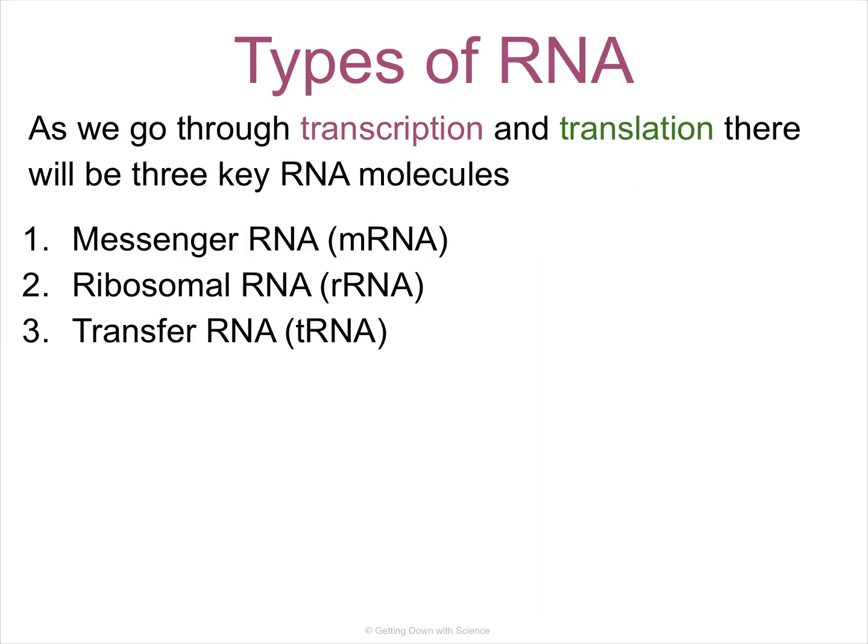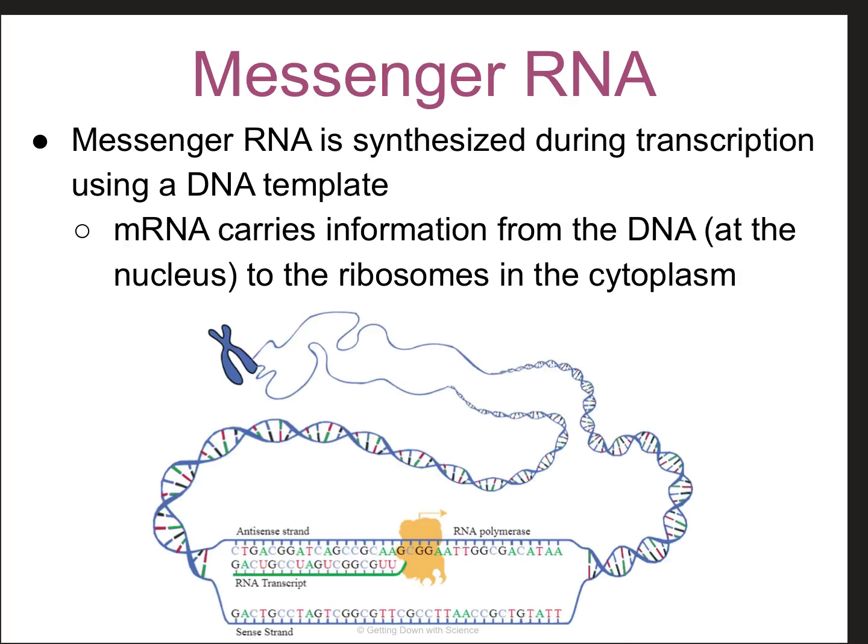All right, so it is going to be important that we understand the three types of RNA as we move forward. I'm going to go ahead and zoom through these. So we have messenger RNA, or what we also call mRNA. And this is what is made during transcription. We use a DNA template, and then the process reads the DNA sequence that's there and creates complementary RNA bases.